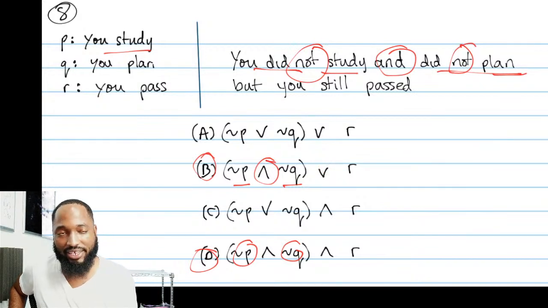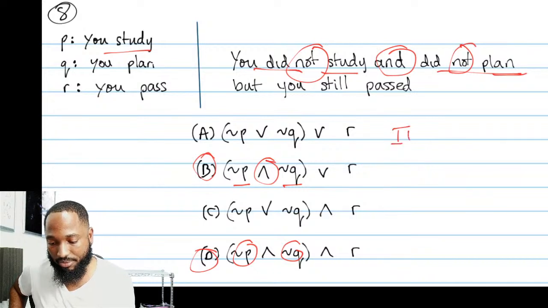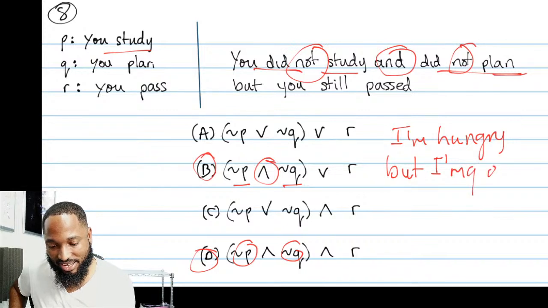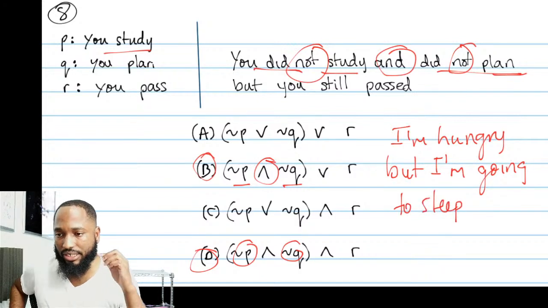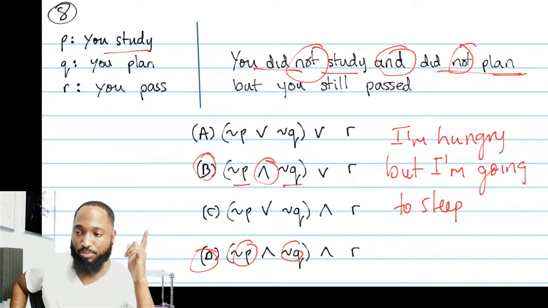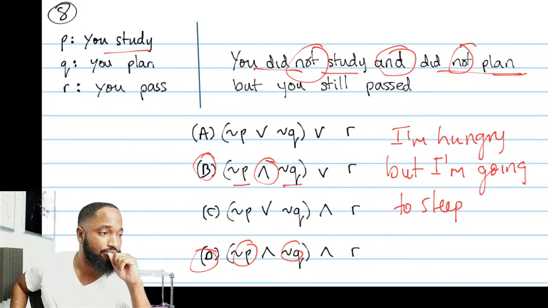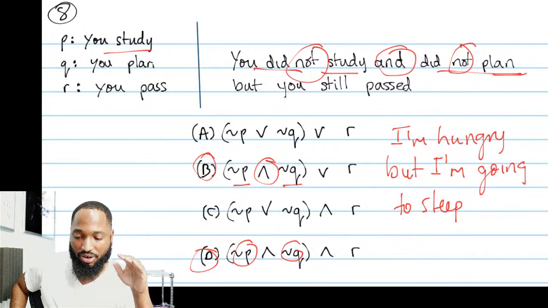Think about this. If I say I'm hungry, but I'm going to sleep. One of the questions that test you in CAPE is if you know what but means. That's it. I'm hungry, but I'm going to sleep. Is that like an or or an and?